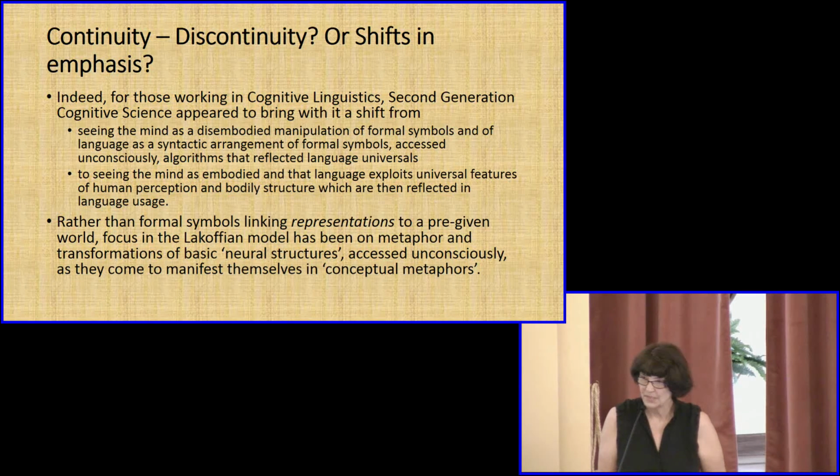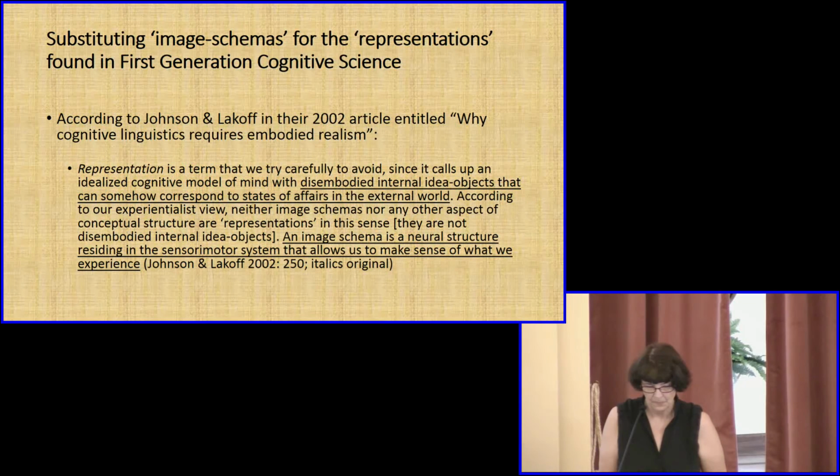Rather than formal symbols linking representations to a pre-given world, focus in the Lakoffian model has been on metaphor and transformations of basic neural structures accessed unconsciously as they come to manifest themselves in conceptual metaphors.